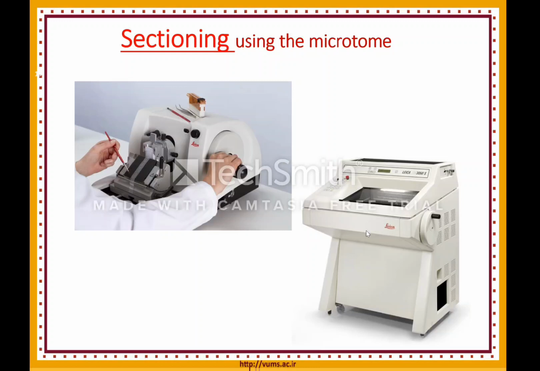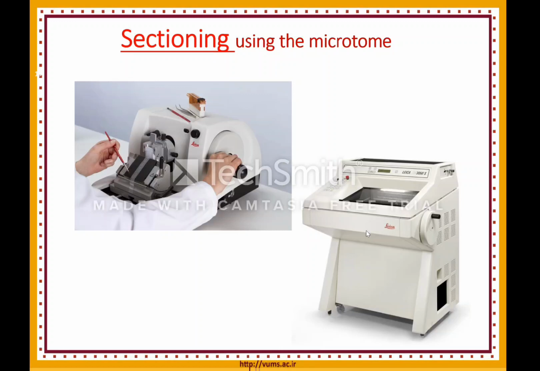For example, in a human operation, the surgeon gives the lab a tissue, for example a tumoral tissue. He or she wants to know whether it is tumoral or not.